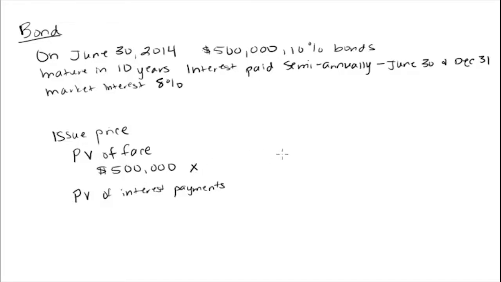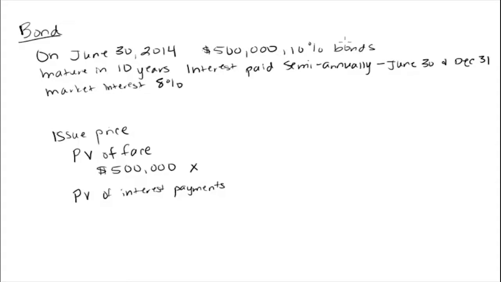What are we going to look for as far as interest and the time frame? Be careful. You've got two interest rates here. How do I know which one to choose? What did we say the 10% was important for? It tells us how much interest we are really going to pay.